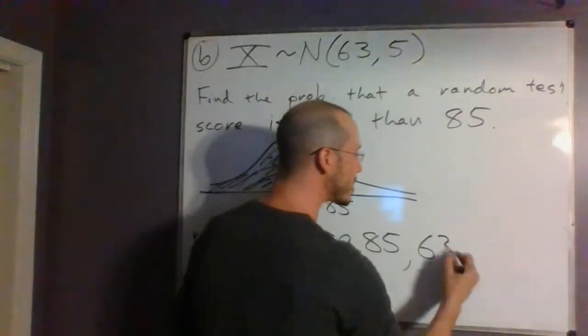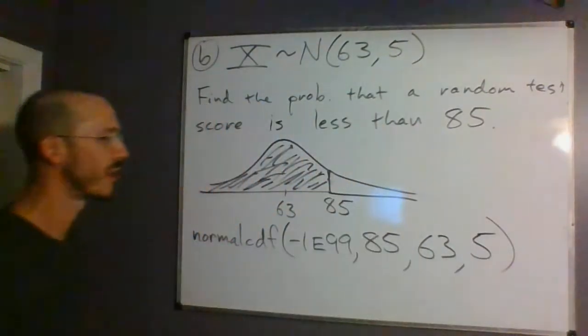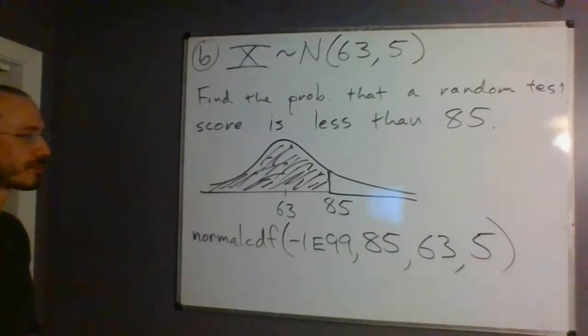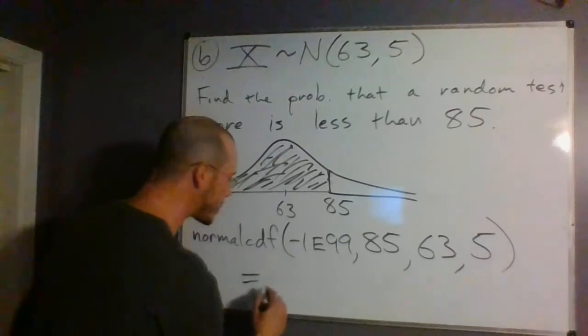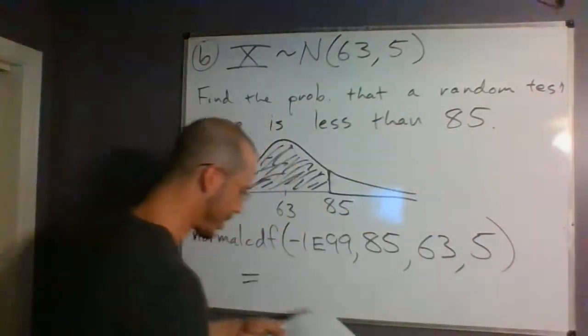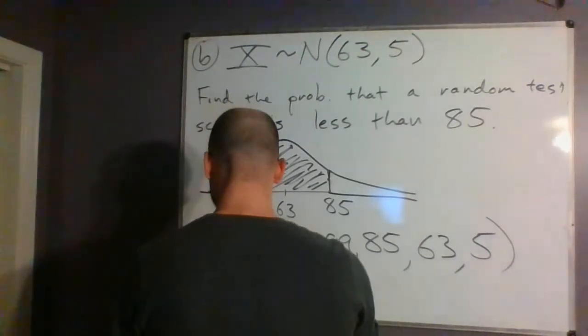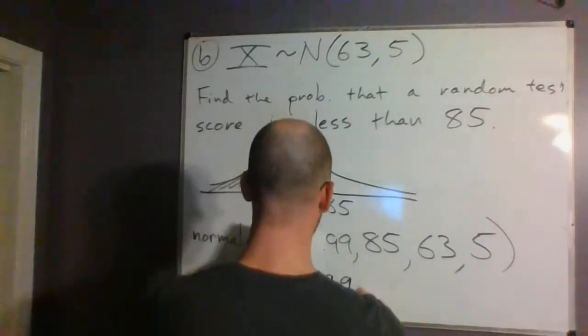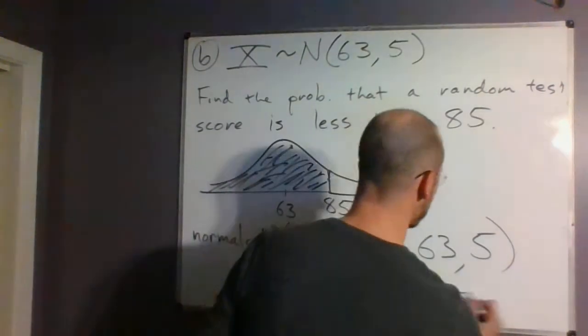My mean is 63, and my standard deviation is 5. That comes out to 0.999994583.